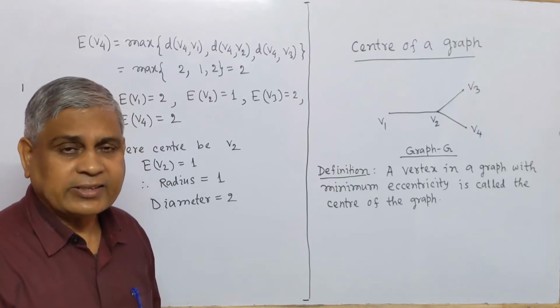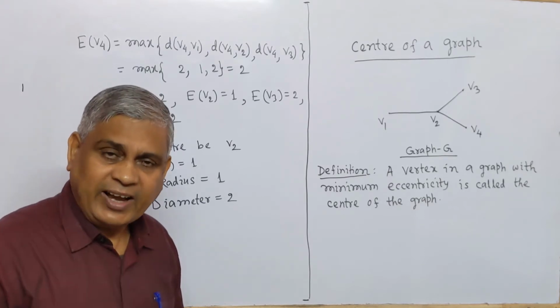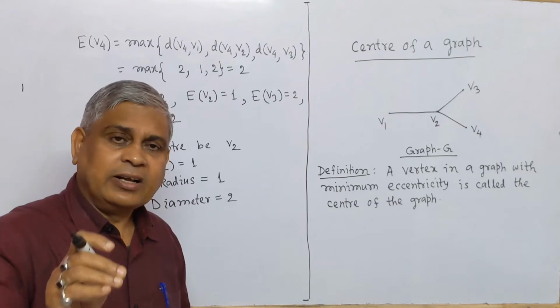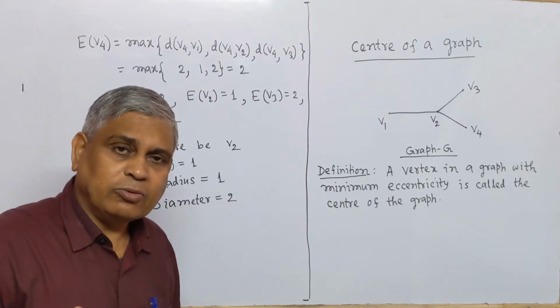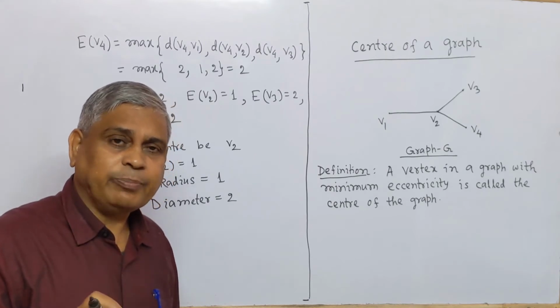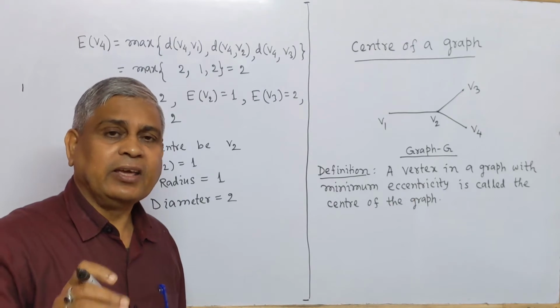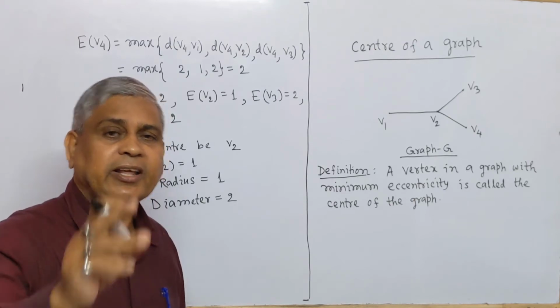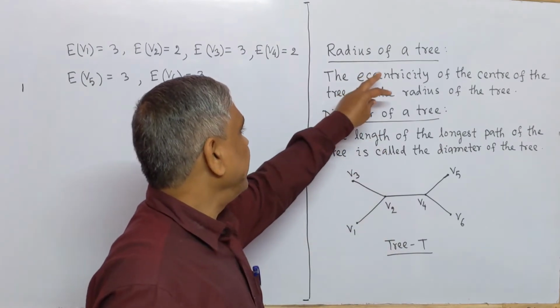By another example, we may show this. Firstly, we define the radius and diameter of a tree. Then we will give an example in which diameter of the tree is not double of the radius of the tree. Now we define radius of a tree.